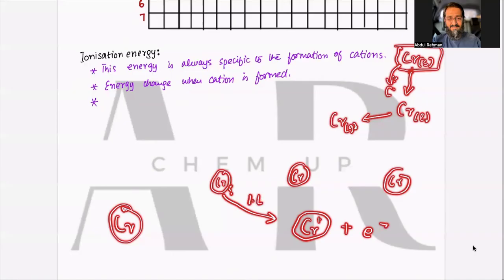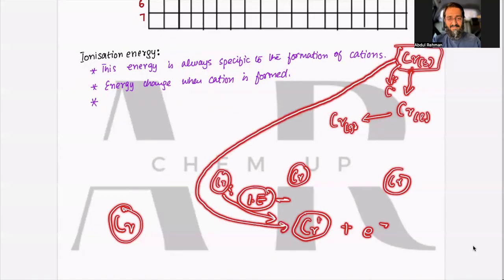So that energy is going to be considered as ionization energy. If you provide the energy at the earlier stage, that energy is not considered as ionization energy, because not just cation formation is taking place; before that, the energy is being used up to turn the solid into liquid, then further to turn the liquid into a gas.